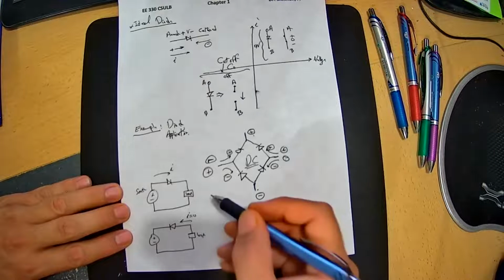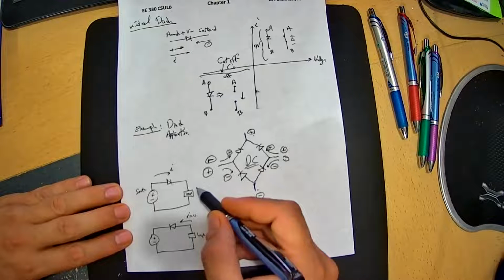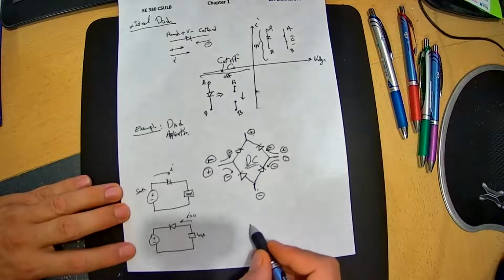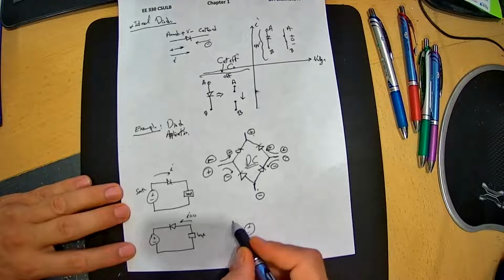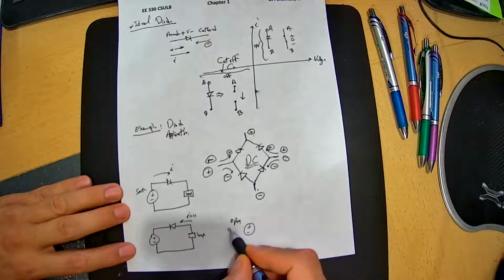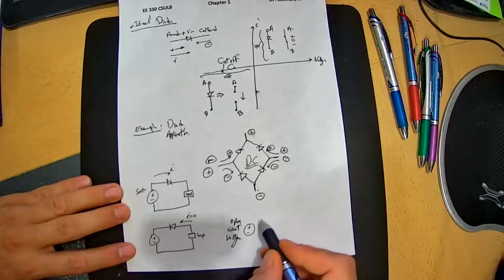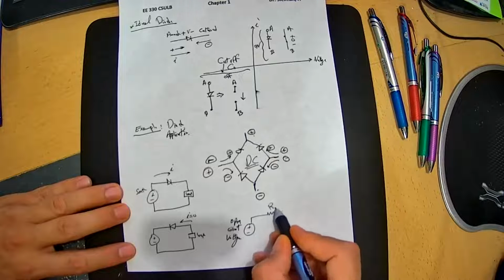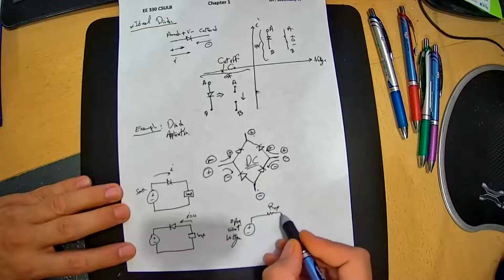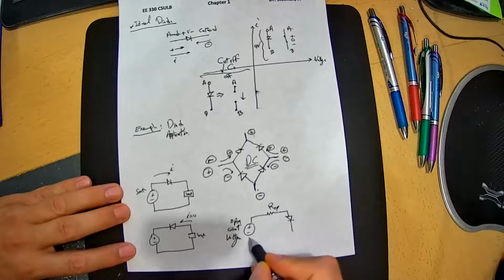So, with the diode, positive and negative, let's call this the open circuit voltage. We introduce the circuit with whatever resistor in the circuit, and we have a diode.